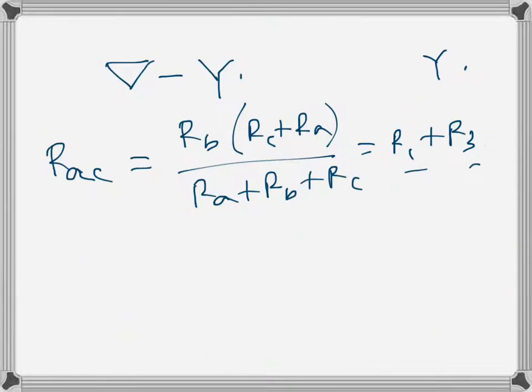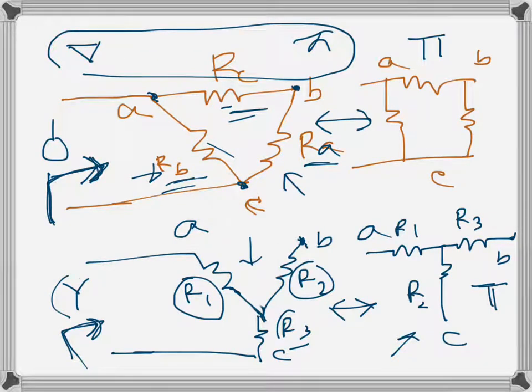Now what is the value of RAB? Again, if we look from here, RA and RB are in series, and those two are in series parallel with RC.